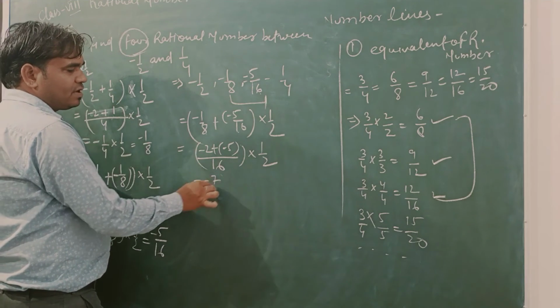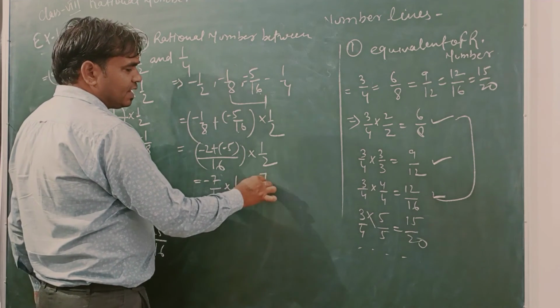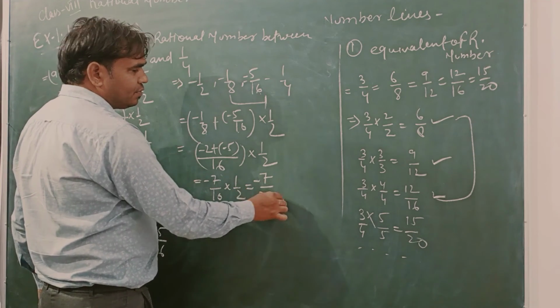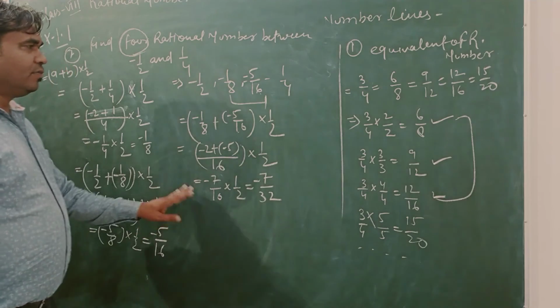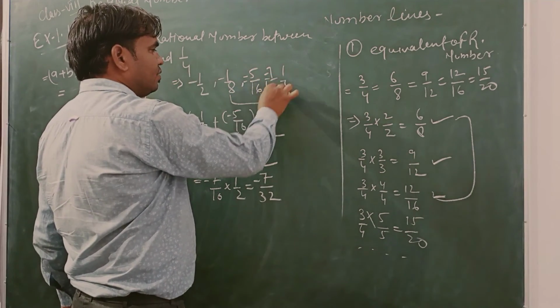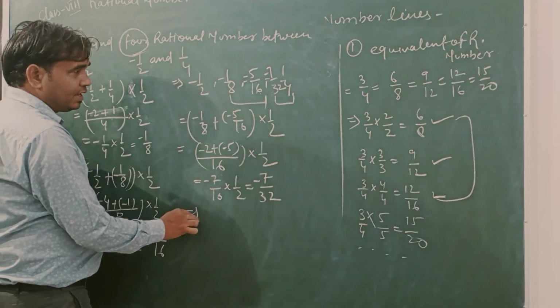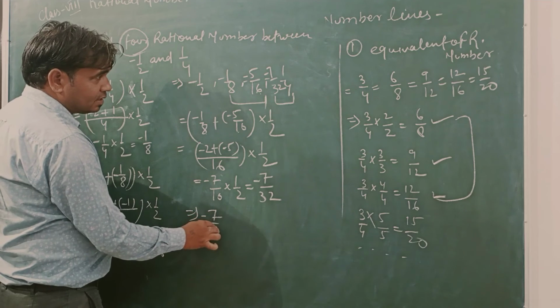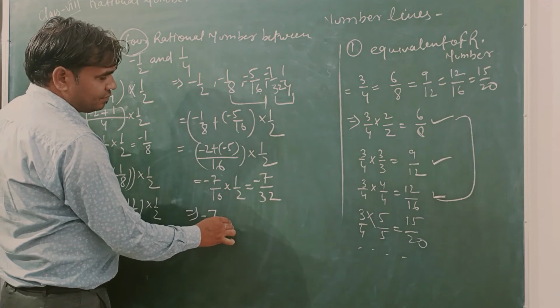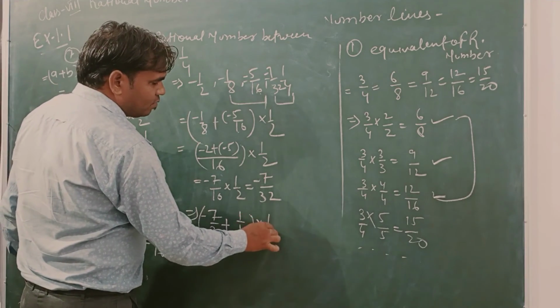So minus 7 over 16 multiplied by 1 over 2, it means to say minus 7 over 32. So here we can write minus 7 over 32, and after that we can take this number: minus 7 over 32 plus 1 over 4 and multiplied by 1 over 2.